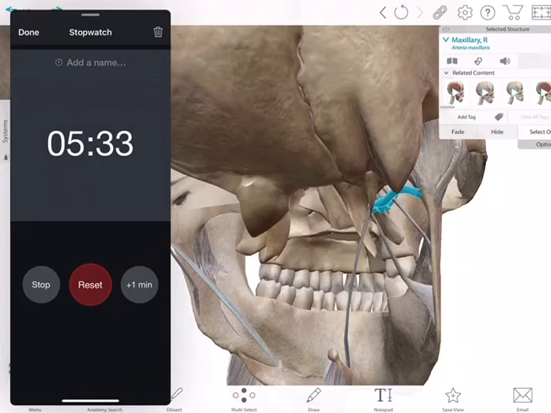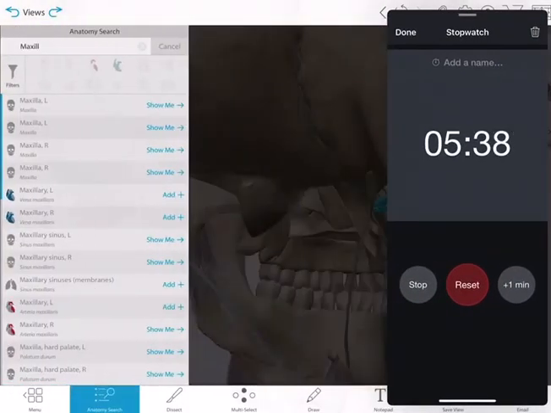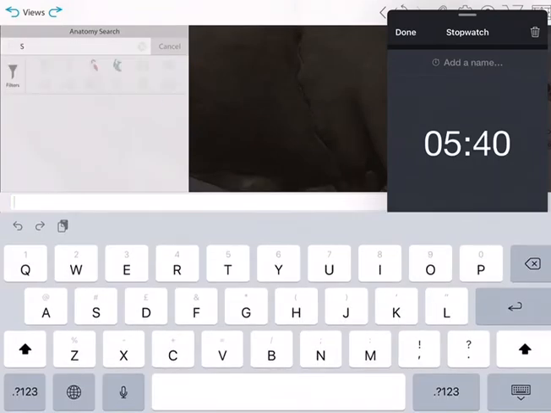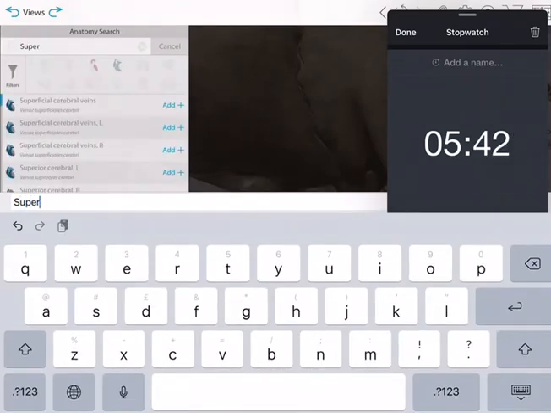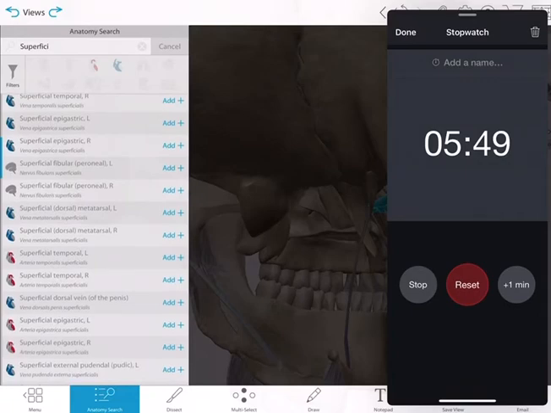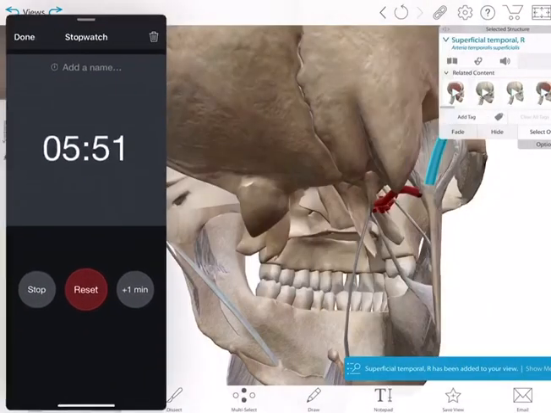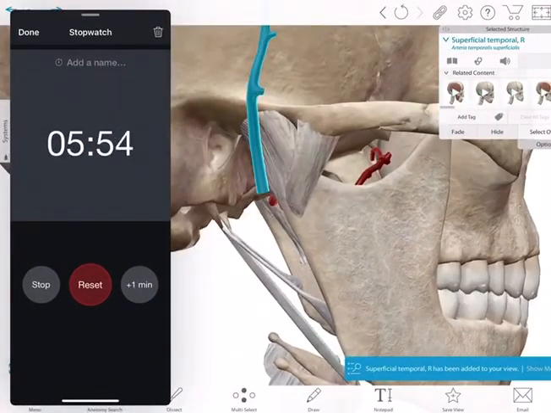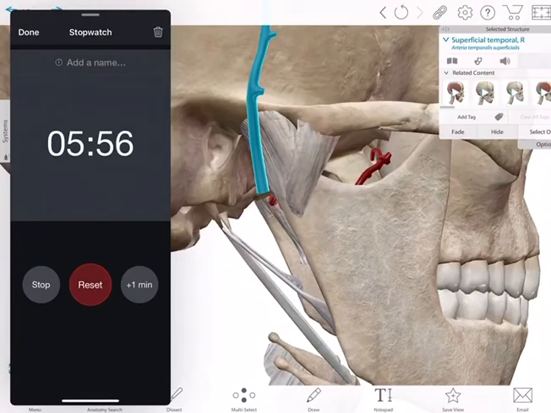We have also the superficial temporal artery. We can see it here. Superficial temporal artery. Look how close it is to the TMJ. Also, it gives blood supply to the TMJ, and also the anterior tympanic artery, which is a branch from the maxillary artery.